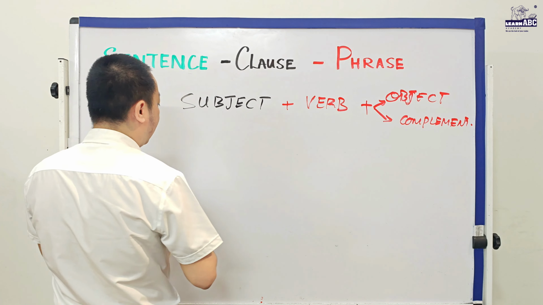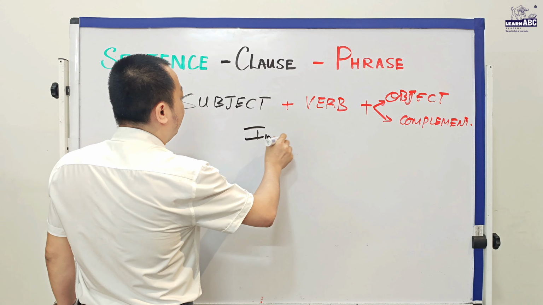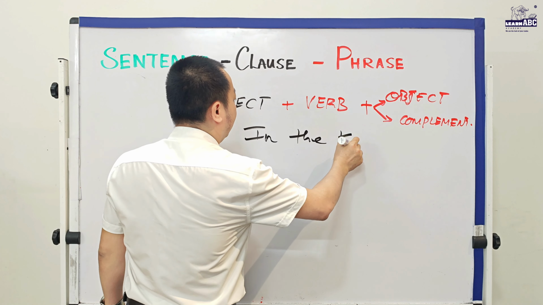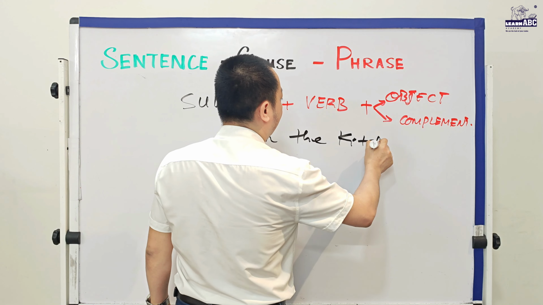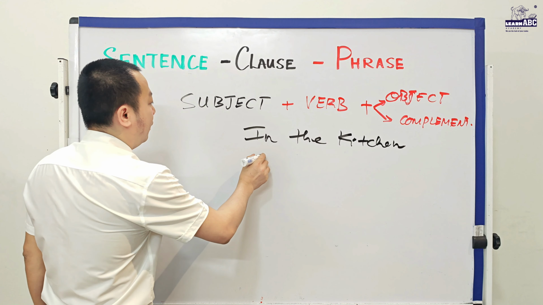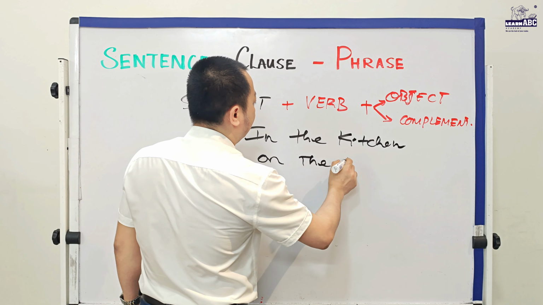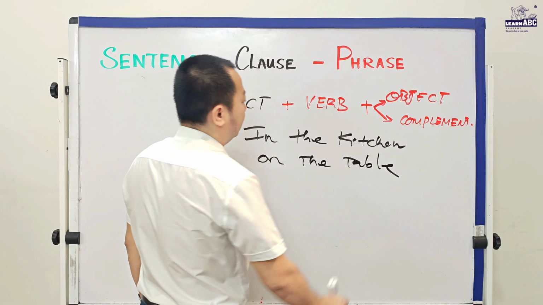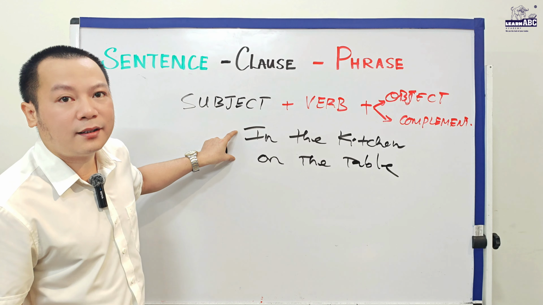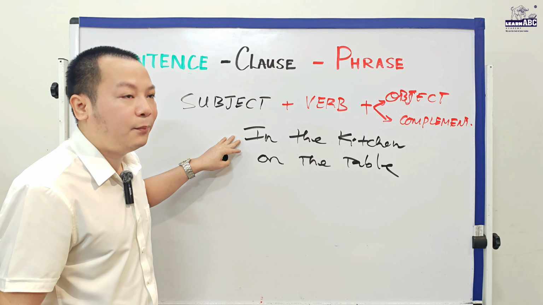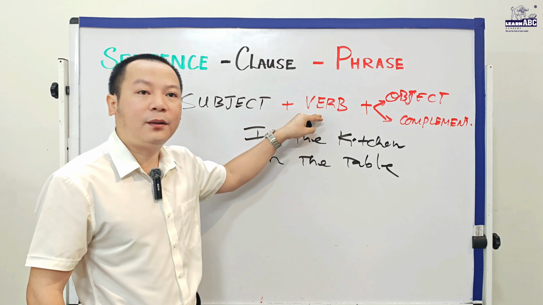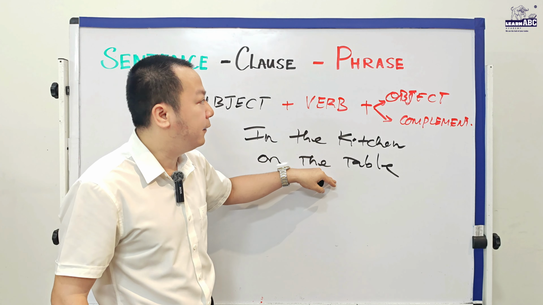You can understand very easily. In the kitchen, for example, in the kitchen. On the table. Now you see these groups of words, they don't have a subject or a verb combination.